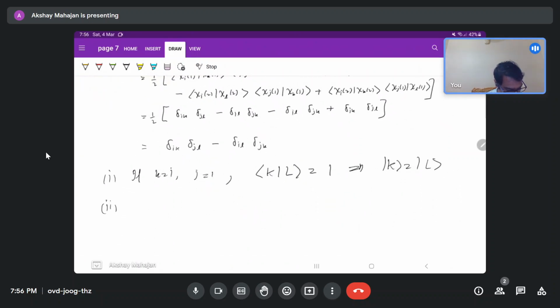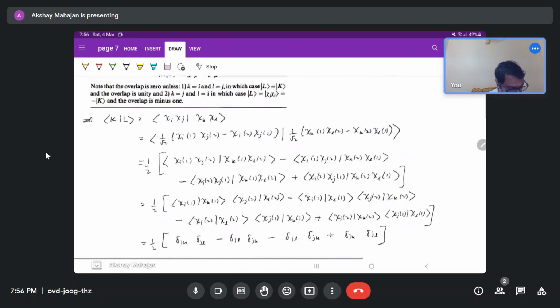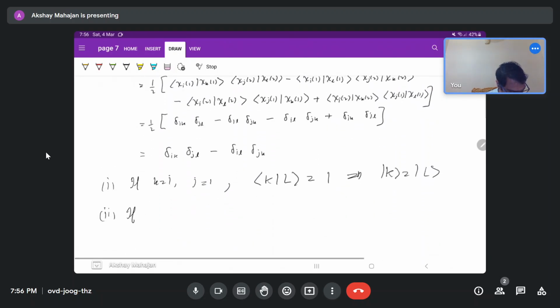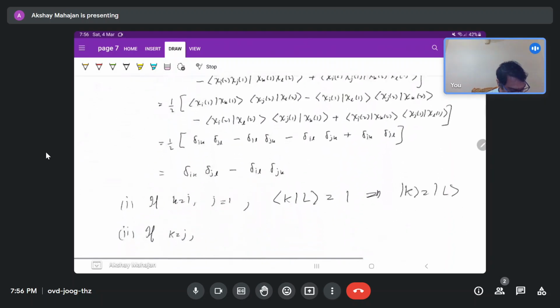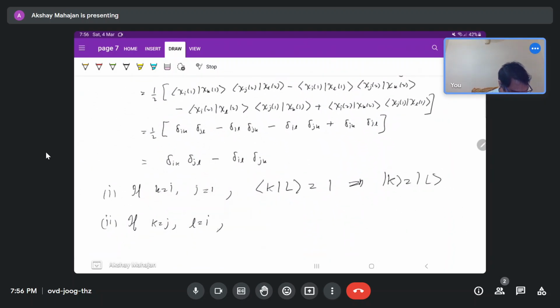And the second case is given that if k is equal to j and l is equal to i, then for this KL the first term will be 0, i equals l and j equals k will give us a 1 here, so we get minus 1.